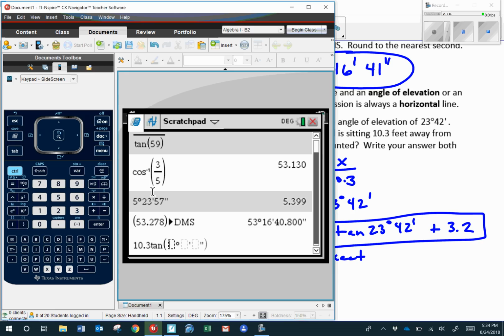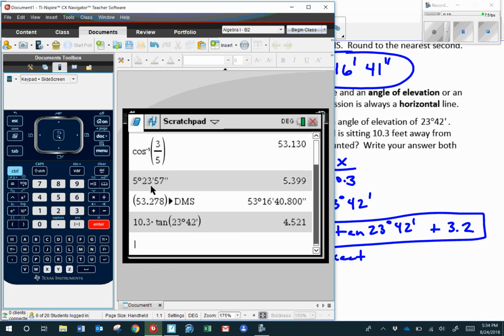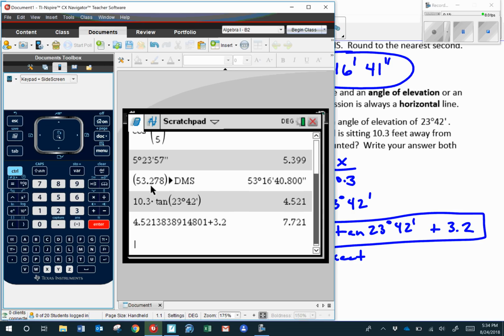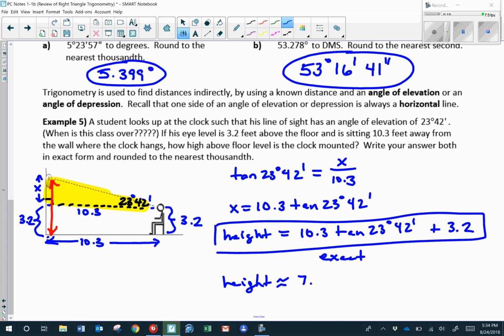That's where the template key is. And then type in 23 degrees, cursor over, type in 42 minutes, and you don't need to type in the minutes. You can just leave it blank and then press enter. And oops, I forgot to add 3.2. So adding 3.2 to that, our height is approximately 7.721. Since all the lengths in this problem were measured in feet, that will be measured in feet also.